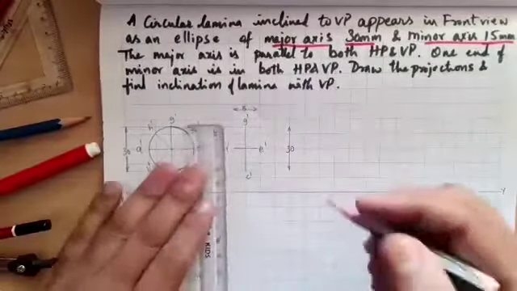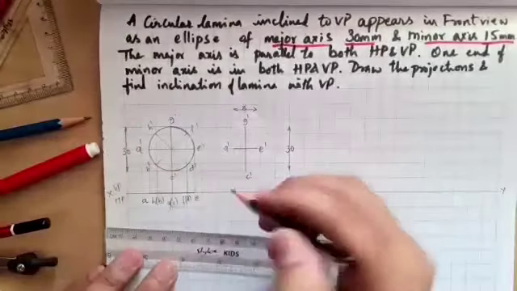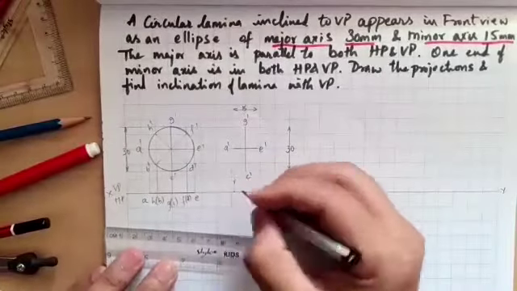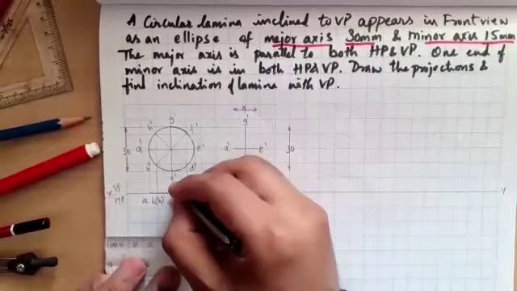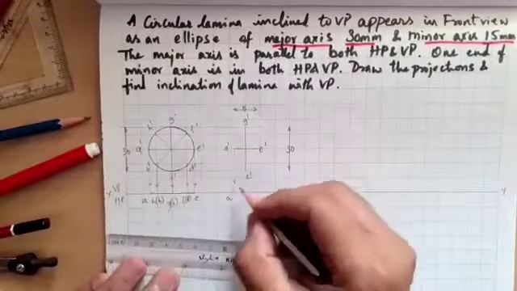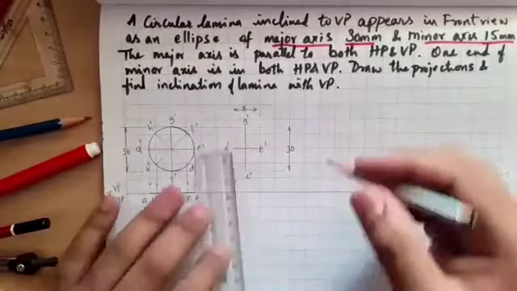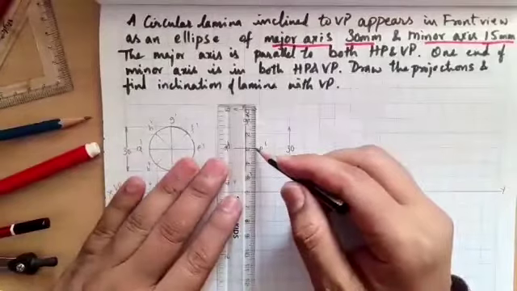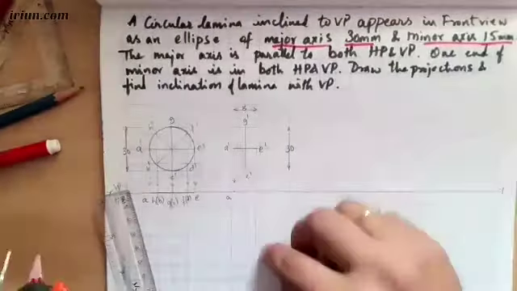So what I'll do, from A, I'll drop the projector downwards and identify the location of A. So from here, I'll draw the top view line on this E projector.